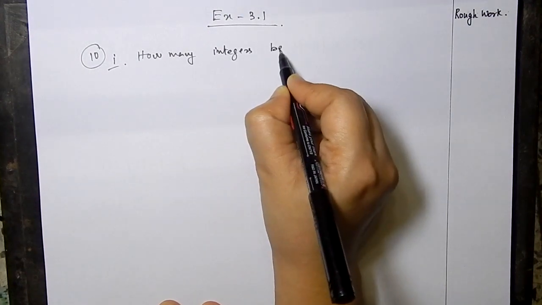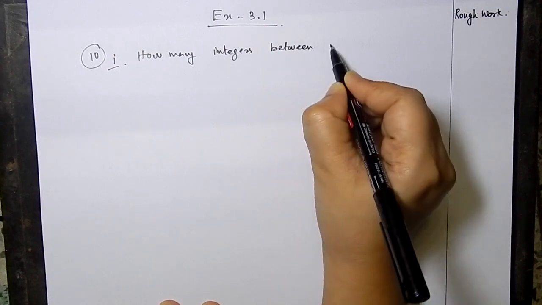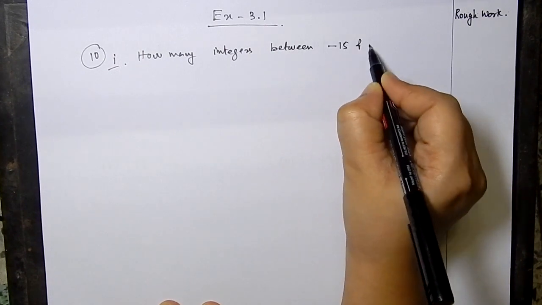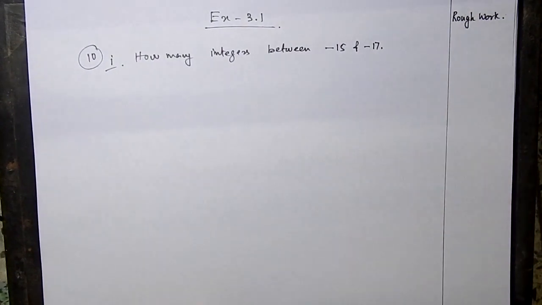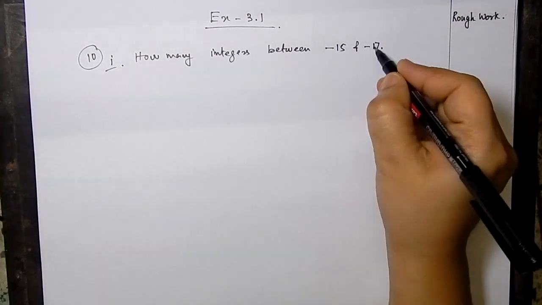Now, if you read the question, you will realize that the term between is very important. So that means you have to exclude -15 and -7.